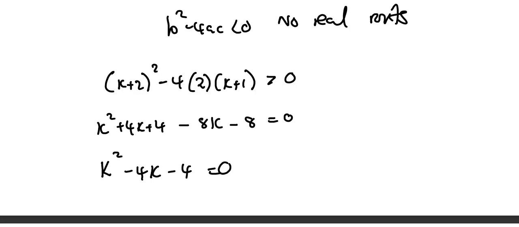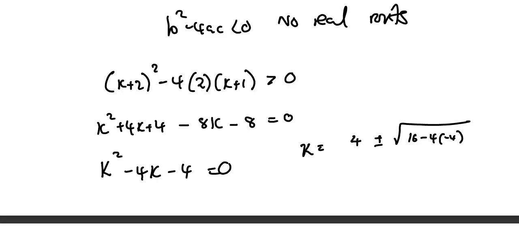When you solve this quadratic, we'll get k is equal to 4 plus or minus the square root of 16 minus 4ac.